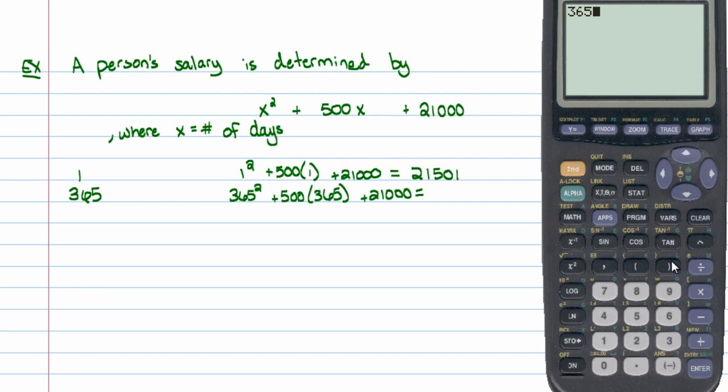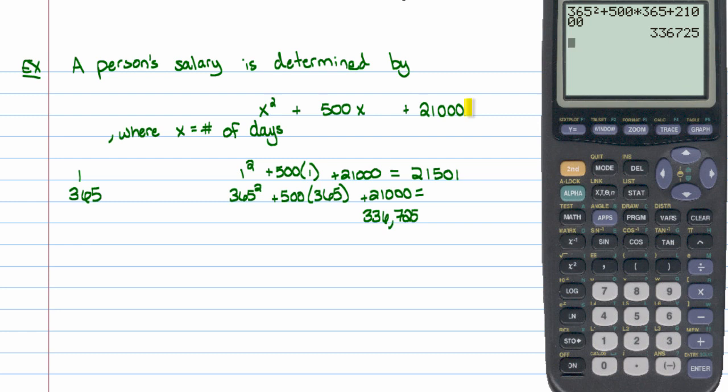Now 365 squared plus 500 times 365 and then plus 21,000. And we get some huge amount of money. What is that? $336,725.